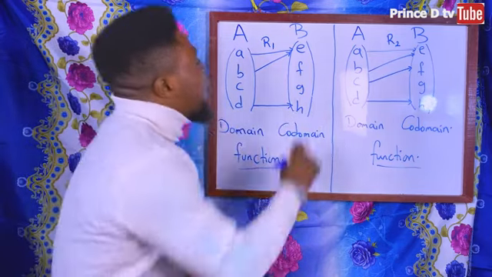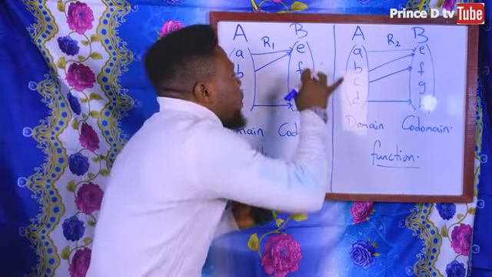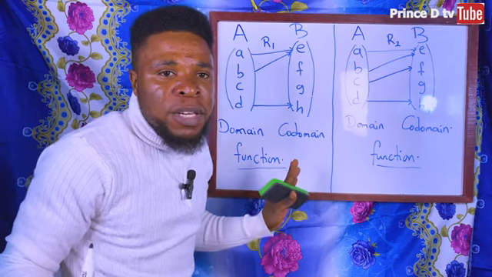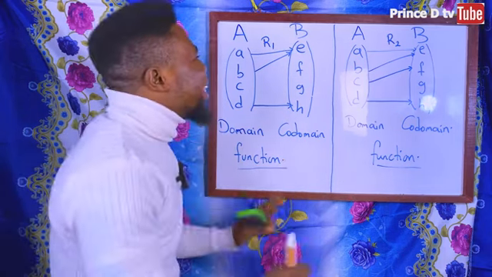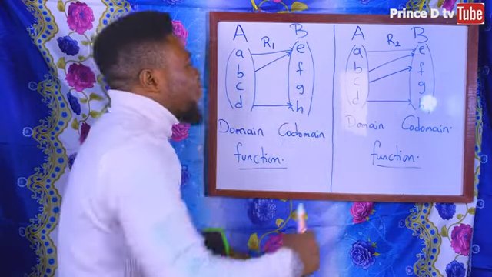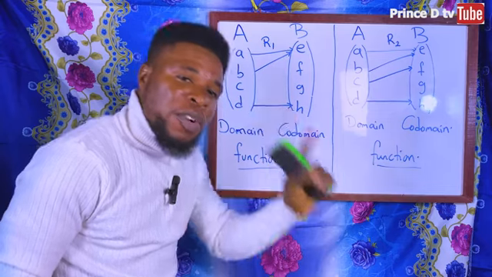And also in the codomain, not all of the elements must be used. For example, F and G have not been used, but anything that is being mapped or connected to another, let it follow the law of function.